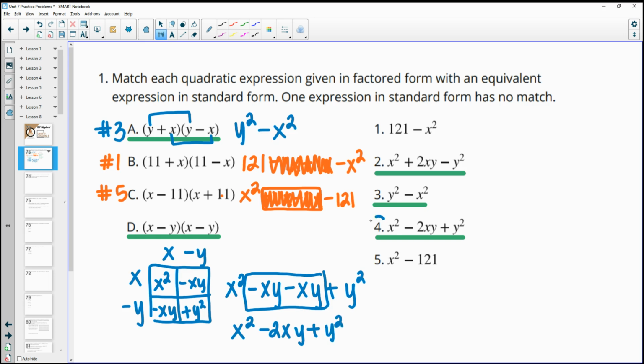That tells us number 4 matches that one. Another way you could have narrowed that one down is negative y times negative y is definitely going to give you a plus y squared final term. So you could have seen that in number 4 as well without doing the whole area model.